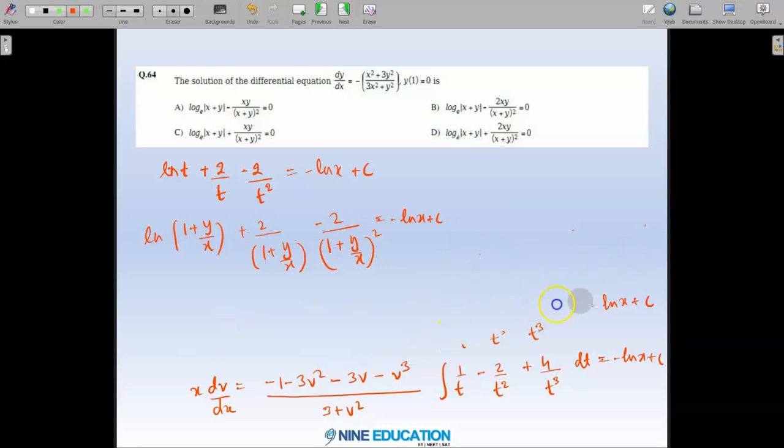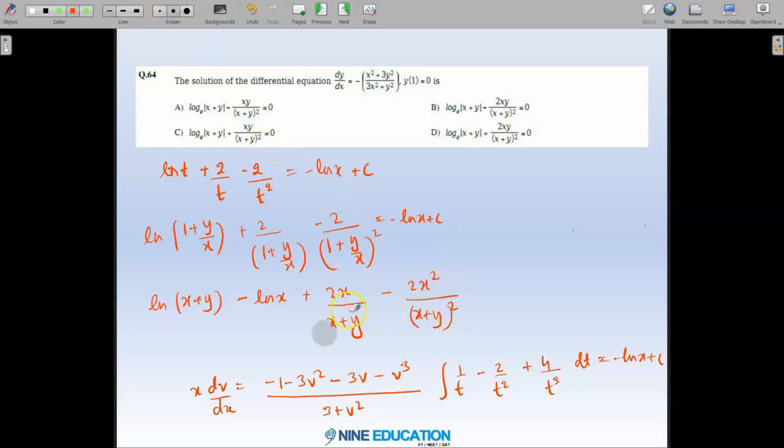If you observe ln (1 plus y by x), I can write it as ln (x plus y), and one more x will be there in the denominator, so I will apply the log formula, log m by n is equal to log m minus log n, and we can express like this. Second term will become 2x divided by x plus y, and last term will become minus 2x square by (x plus y) whole square.